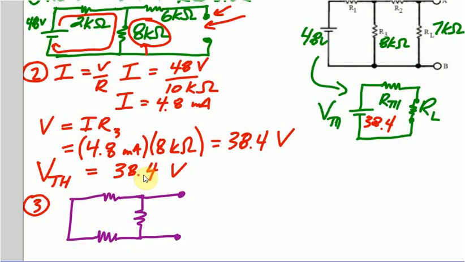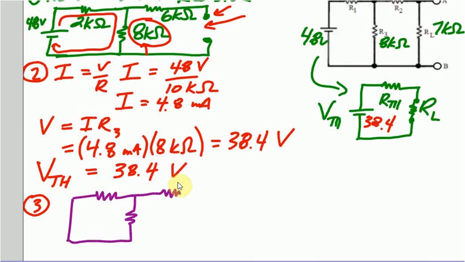Oops, I've got an extra resistor in there, sorry. This goes like this, this is here, and this goes like this, like so. And if we label this here, this was 6K ohm, this is 8K ohm, and this was 2K ohm.